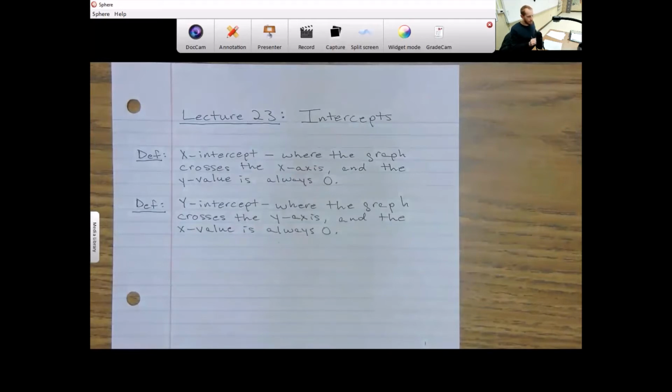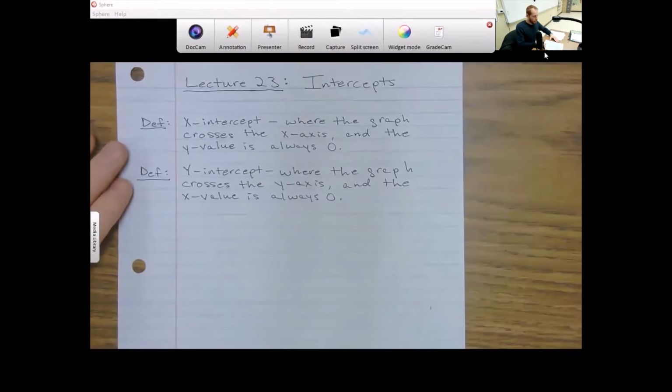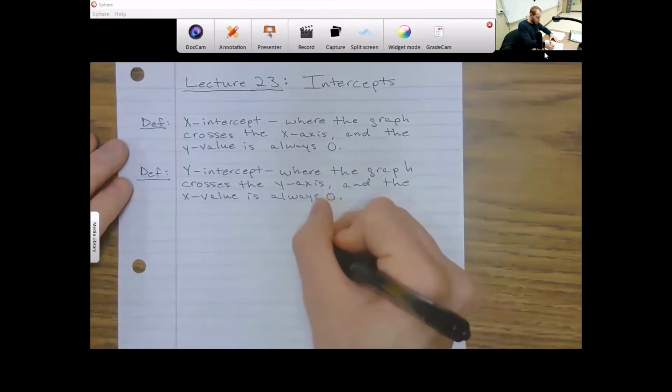So let's say we have an x-axis and a y-axis. Now, when I draw a coordinate plane, or an XY plane as they call it, I draw a horizontal line that I call my x-axis. And I draw a vertical line that's called my y-axis.